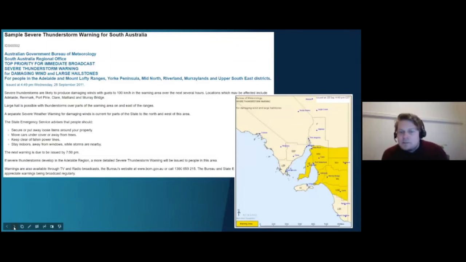The diagram is a bit small here, but it says for damaging winds and large hailstones in this yellow area. And then if you read the text, it will tell you exact locations, and it actually gives you information on where the storms are and what time the impacts are supposed to be felt.